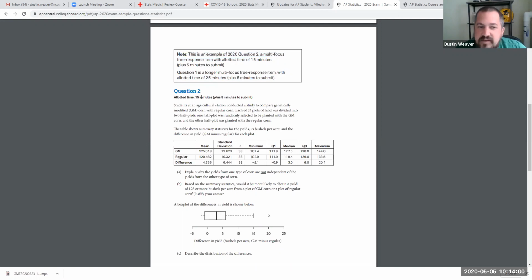So this is an example of a 15-minute question. After you have the 15 minutes to work on it, they would give you 5 minutes to submit your answer, either by copy and pasting it, if you're working in Google Docs, or by uploading it, if you're writing the answer by hand, in either direction.